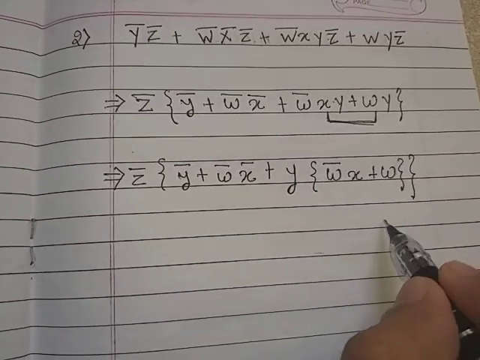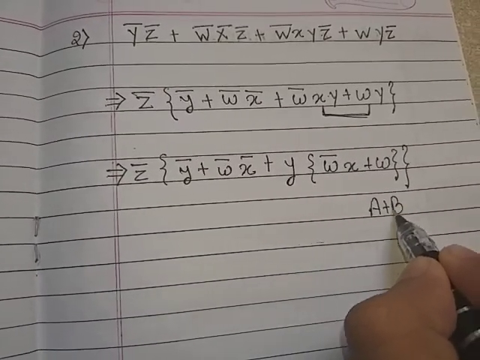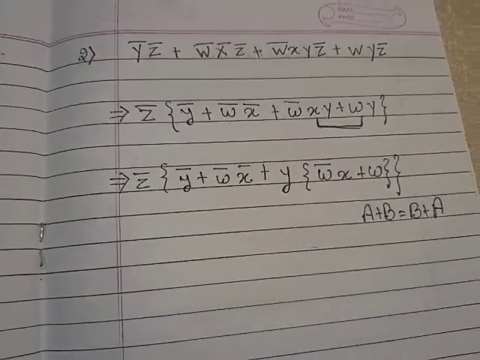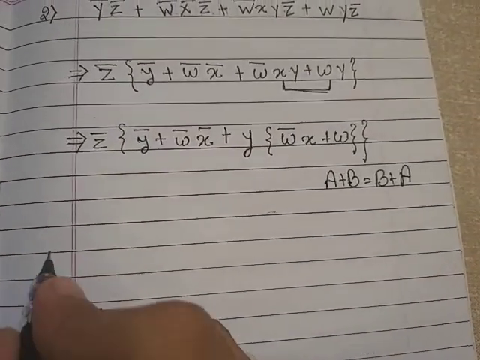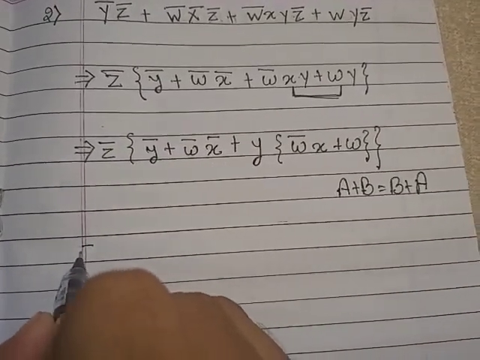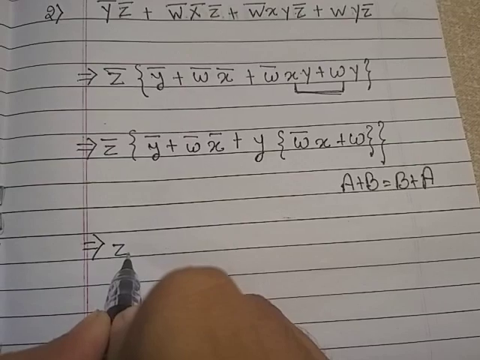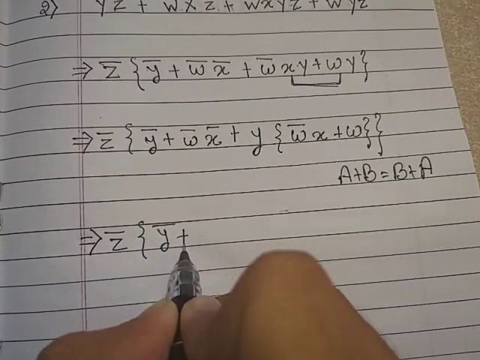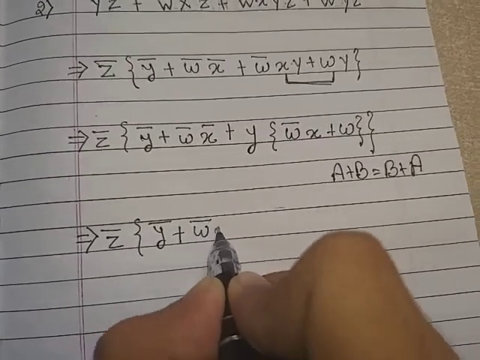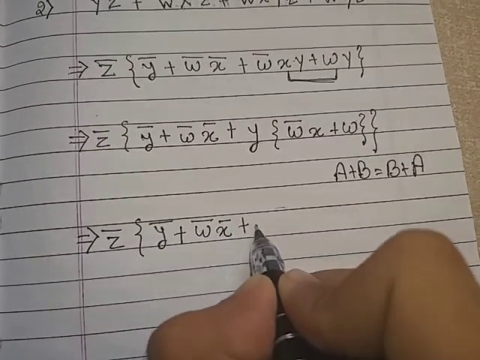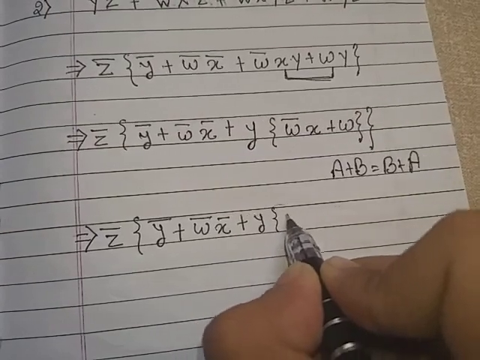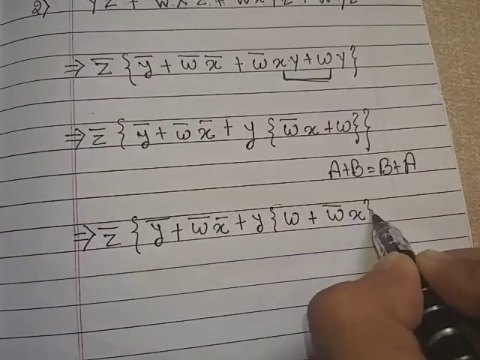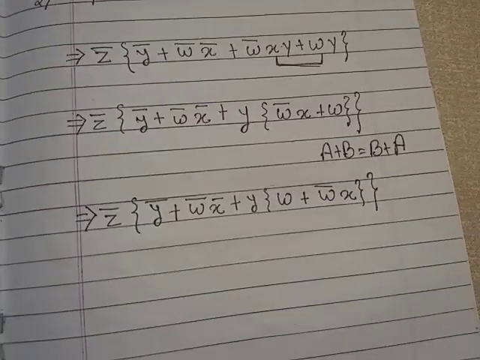Now we know that a plus b is equal to b plus a, so we can write z bar times y bar plus w bar x bar plus y times w plus w bar x. Clear?